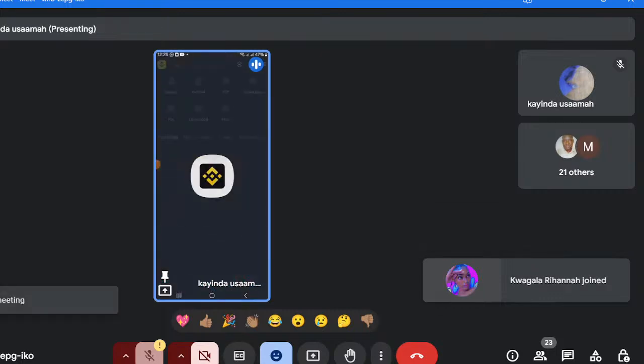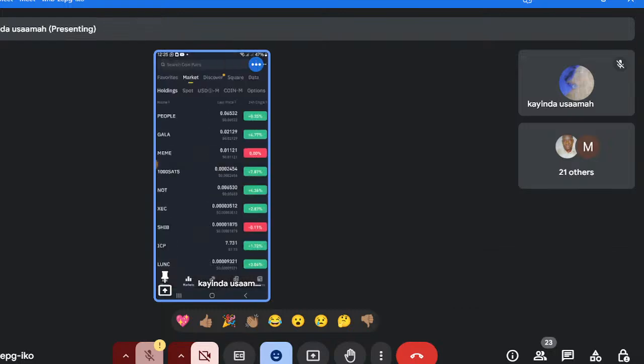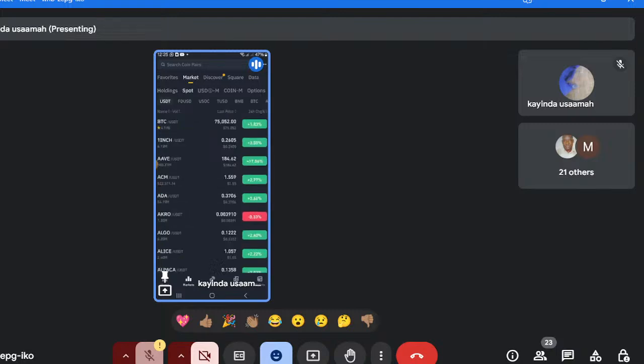If I open my Binance, go to markets, and tap spot, Binance shows me the pairs. Actually, Binance has more. It has USDT, FDUSD, USDC, TUSD, pairs of BNB, pairs of BTC, very many pairs.